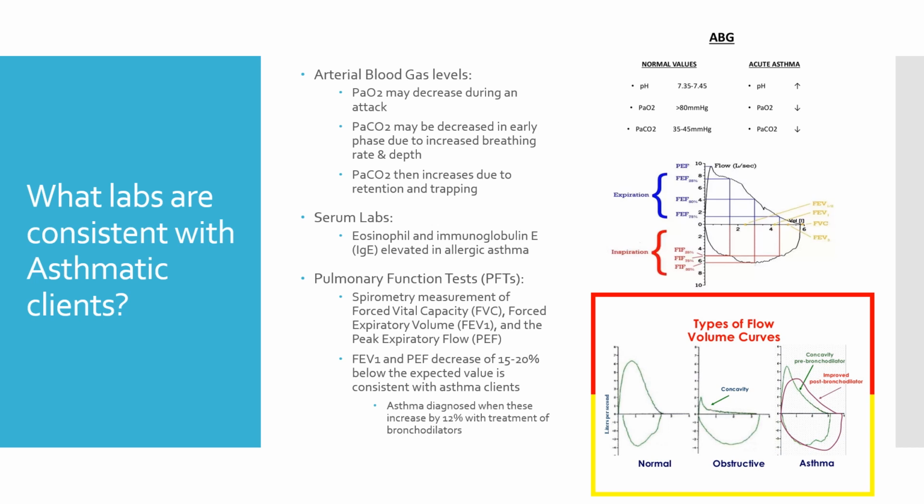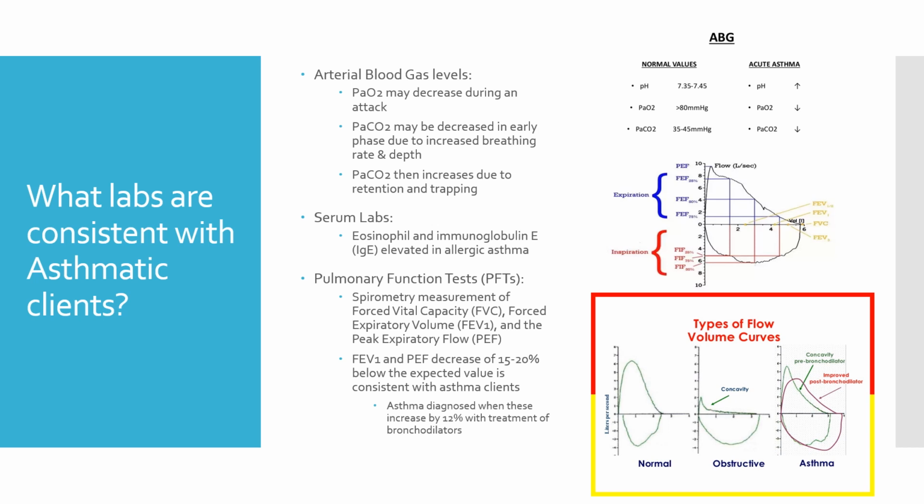Okay, so you'll see here at this top image with the ABG for an acute asthma, the pH, PO2, and CO2. The acute is in the early stages of an attack, okay?